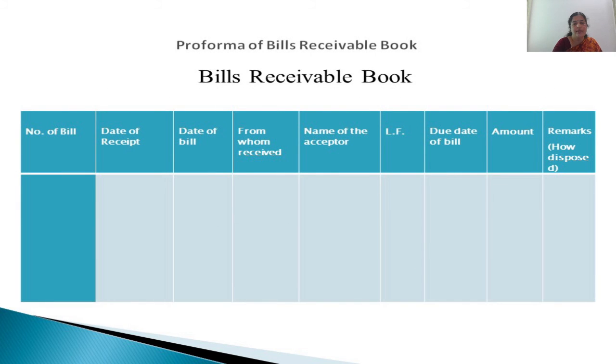The format of the bills receivable book will be like this, and these many columns will be there, where he has to record the details regarding his bills receivable, which are all his assets: number of the bill, date of receipt, date of bill, from whom received, name of the acceptor, ledger folio, due date of the bill, amount, and the remarks column, the last one, how it has been disposed, whether it is honored by our acceptor or whether it is dishonored.